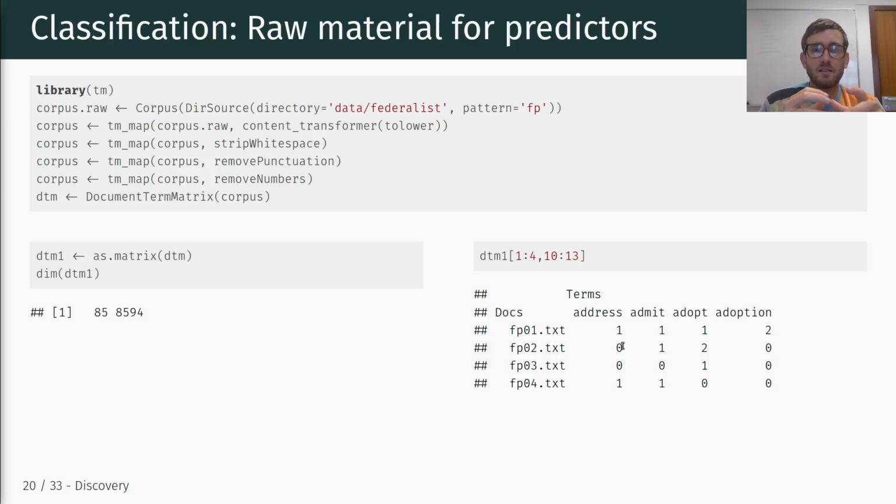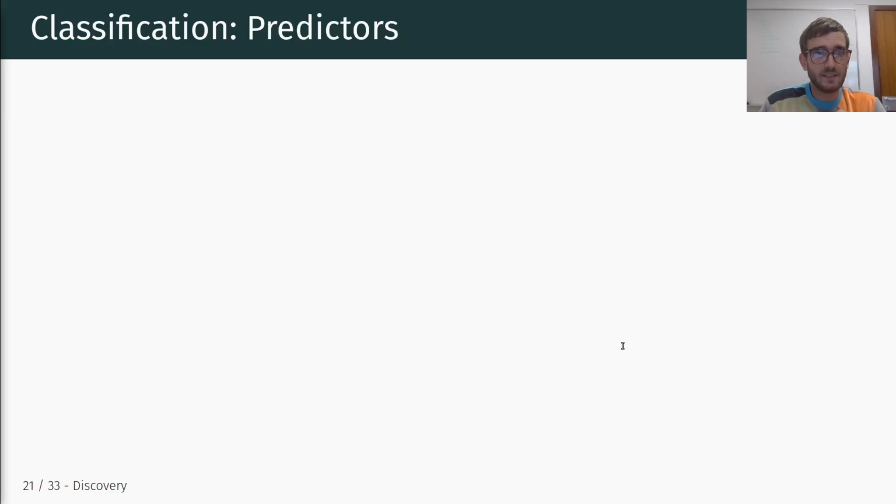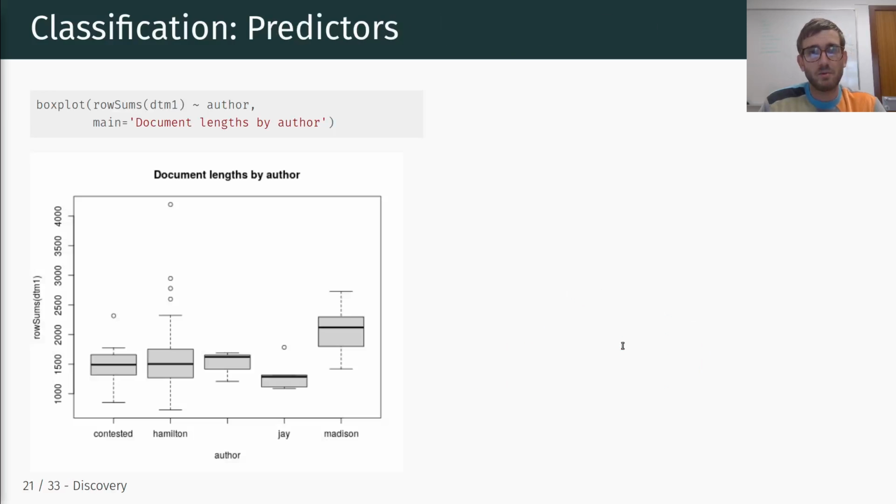But we can't really stop here. The raw counts have certain problems and are not necessarily reliable predictors. Why is that the case? The problem is that these documents, of course, have high variation with regard to their length, right?